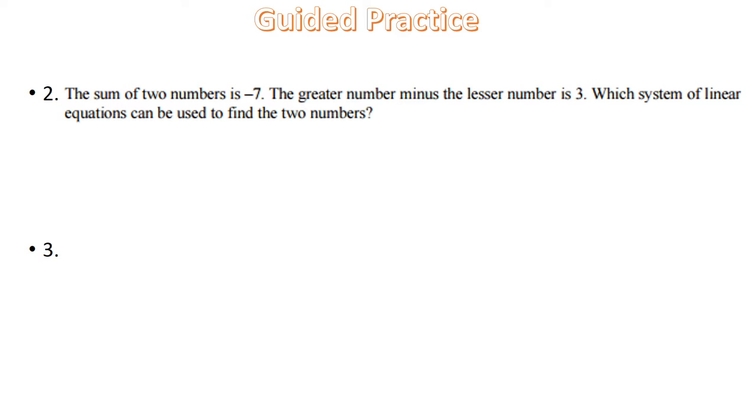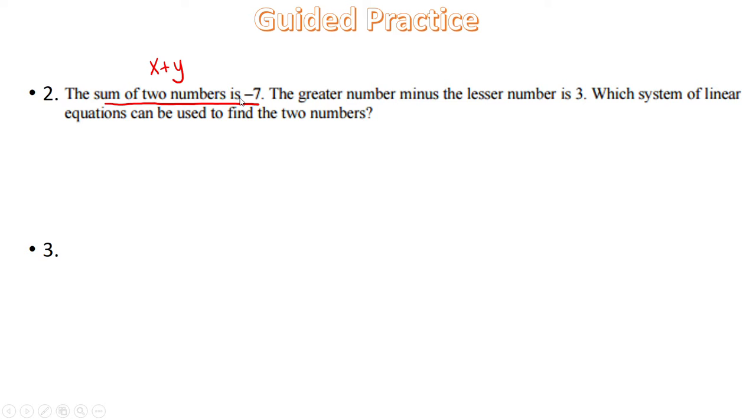The other thing that we're doing today is translating word problems into systems, or just writing them for right now. So the first sentence of number 2 says the sum of two numbers is -7. Since we're talking about systems here, we're going to use two different variables to represent two numbers. So the sum of two numbers would mean x plus y.